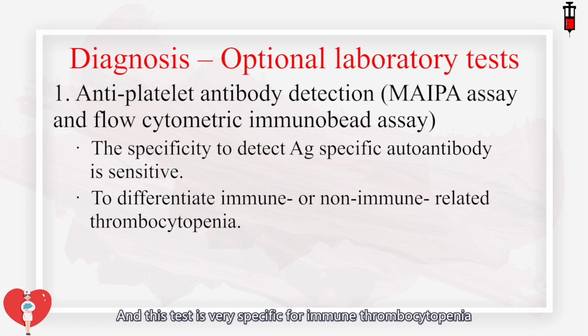This test is very specific for immune thrombocytopenia, with a specificity over 95%. However, the sensitivity is relatively low. Routinely, MAIPA assay sensitivity is close to 50%. In other words, you can only detect antibodies in half of ITP patients, which depends on technical limitations.